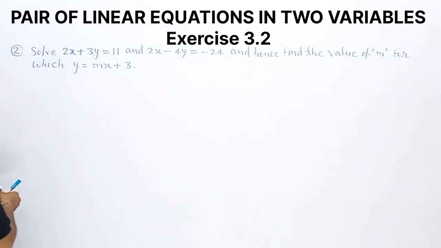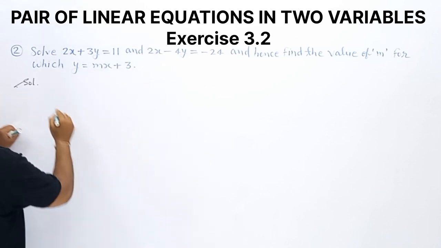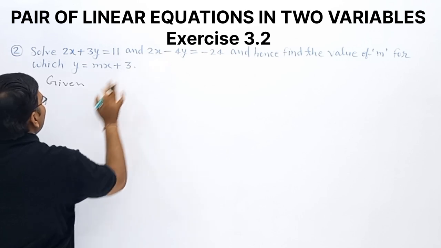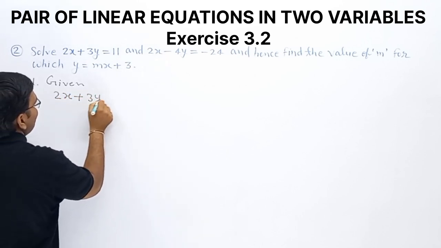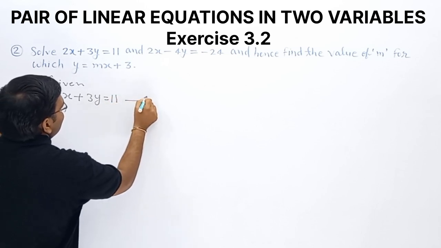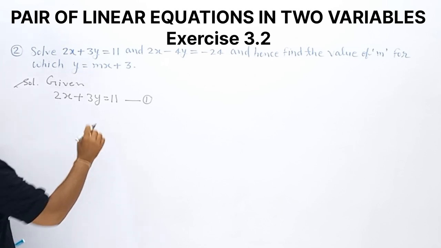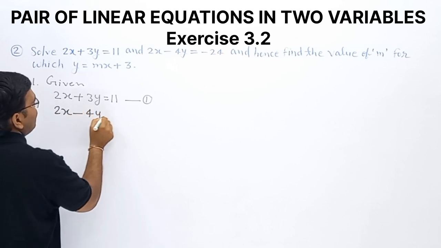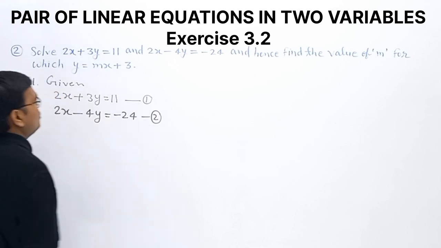So observe what will be the solution of this question. We are given two linear equations. I am taking 2x plus 3y equal to 11 as equation number 1, and 2x minus 4y equal to minus 24 as equation number 2.